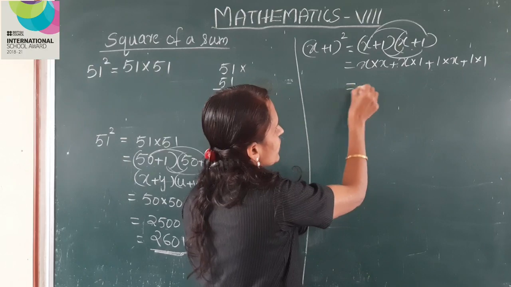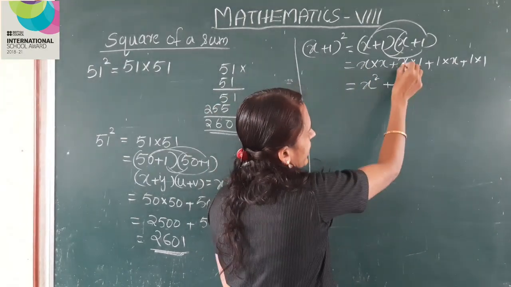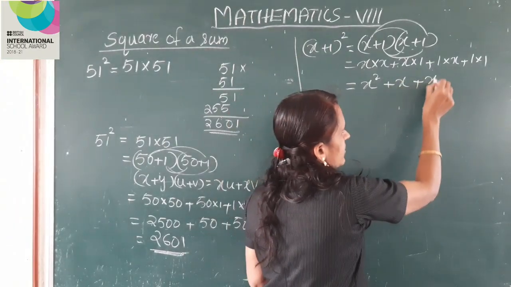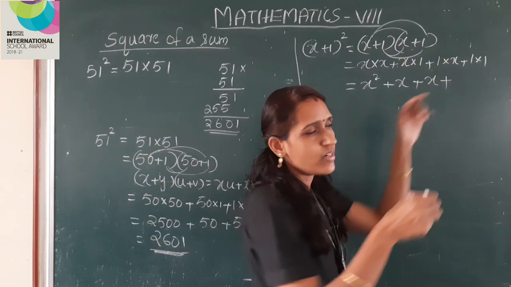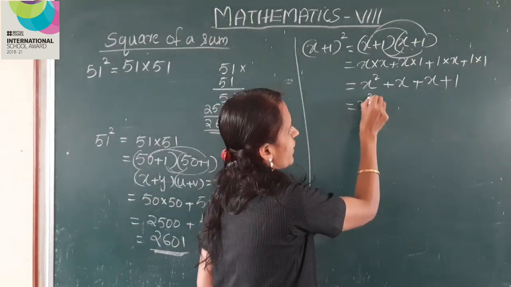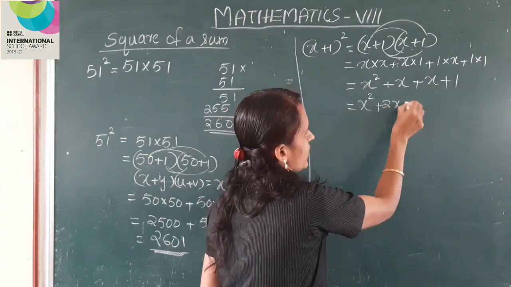This is equal to x into x, x square, plus x into 1, x, 1 into x, x, plus 1 into 1, 1. This is equal to x square plus x plus x, 2x, plus 1.